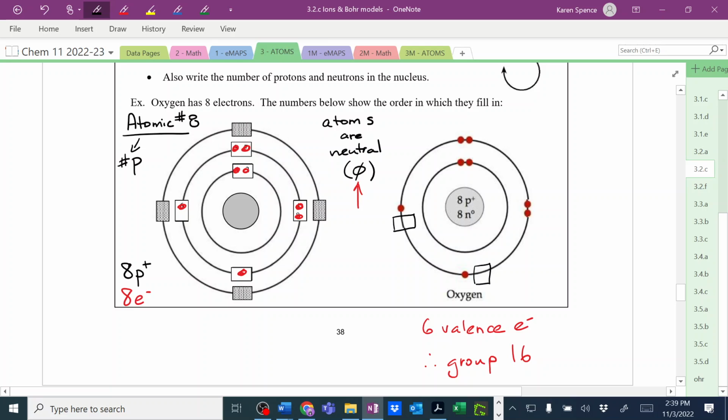So if we were going to form an ion, what would have to happen to this structure to become full? So you would add 2 electrons, yes?